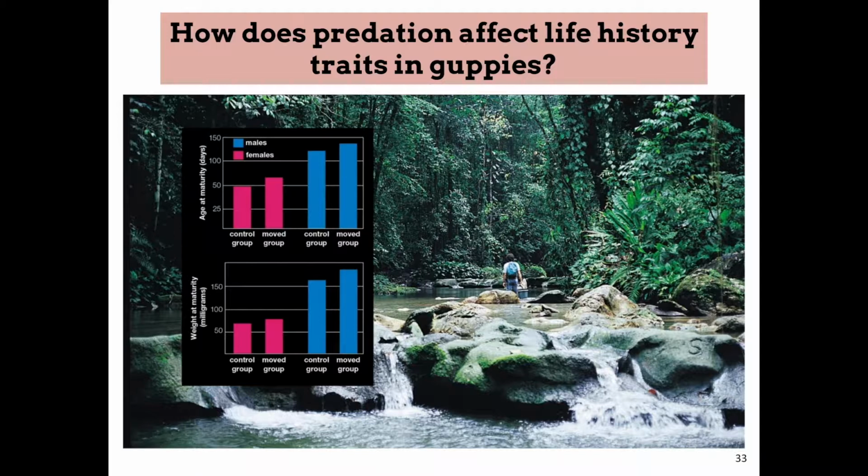Exposure to a previously unfamiliar predator caused changes in the guppy's rate of growth. It changed the age at first reproduction and some other life history traits of the guppies. And then, in contrast, the guppies at the control site showed no changes. They concluded that life history traits in guppies can evolve rapidly in response to selective pressures exerted by predation.